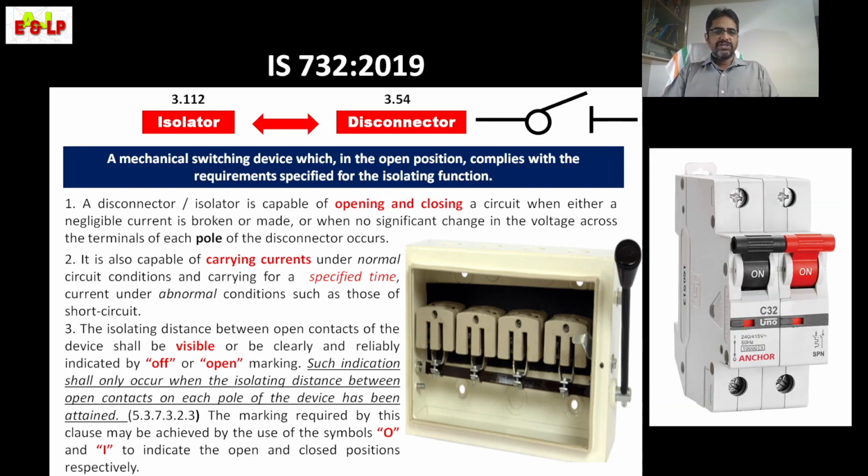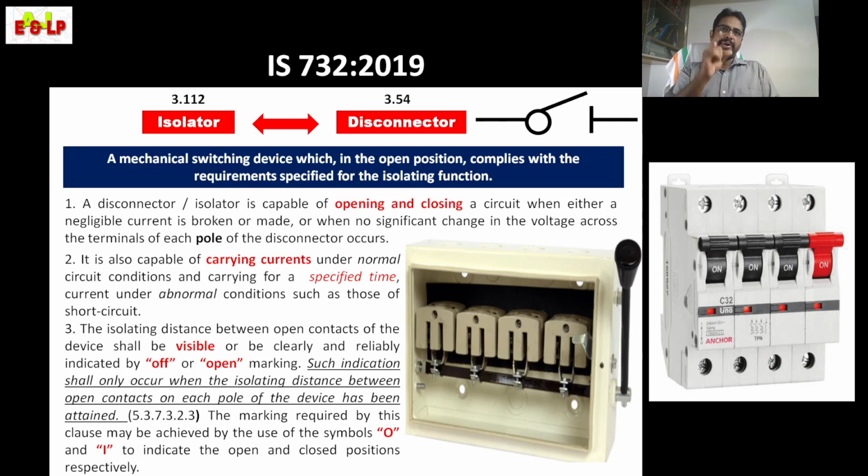What are the other requirements? There must be some indication, off or on. It can be written as off or open, or it can be represented as O or I. Suppose in the case of an MCB, if it is shown as off or O, that means the circuit must be opened.